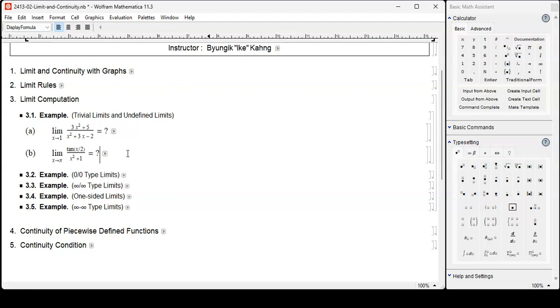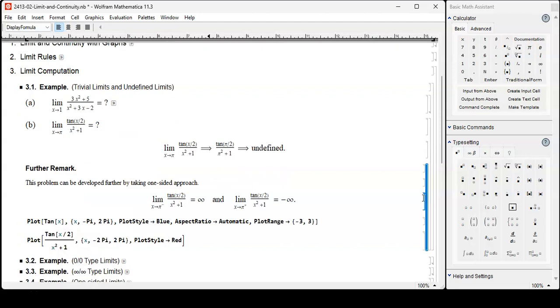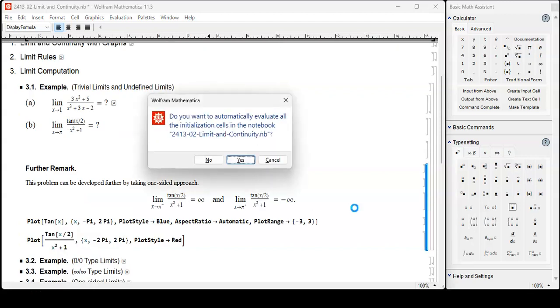How about the next example? Plug in x equals to pi. Tangent of pi over 2 over pi squared plus 1, that's certainly undefined, because tangent of pi over 2 is undefined. Is there further remark? Oh yeah, okay.